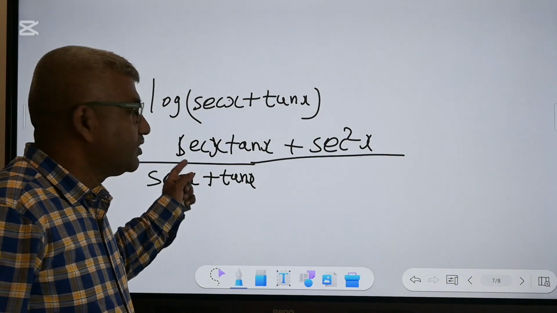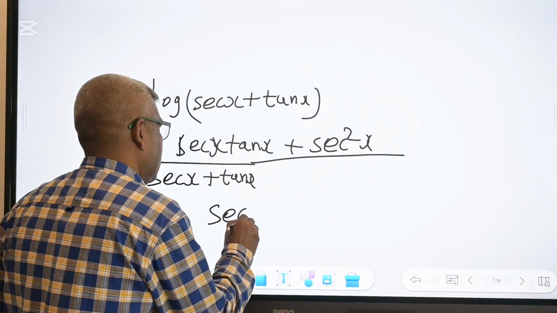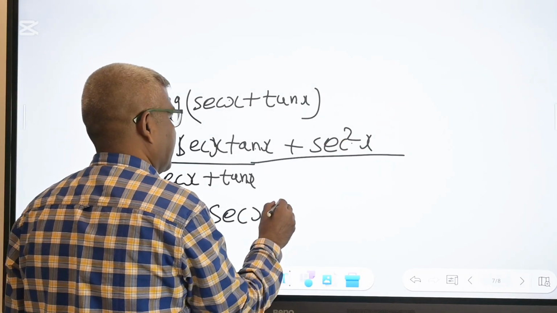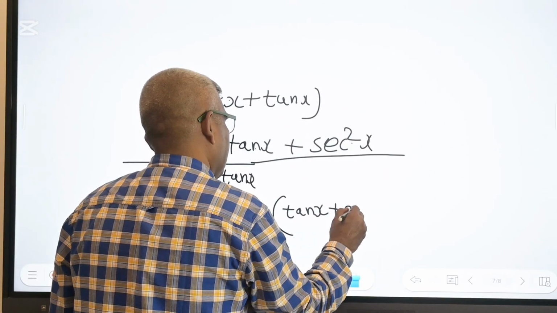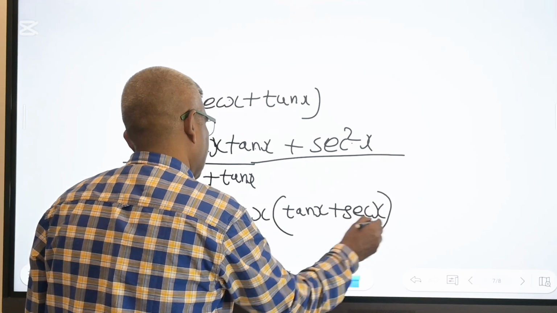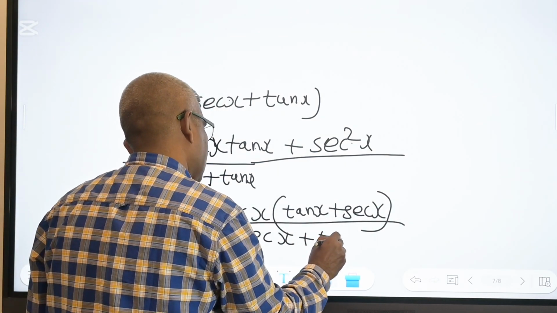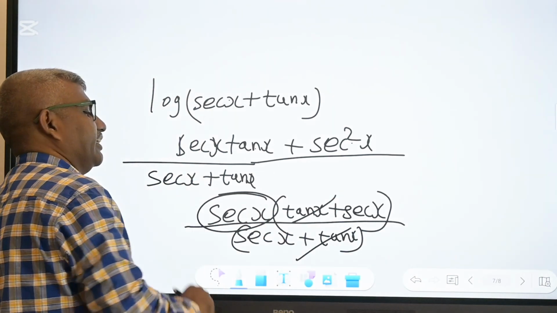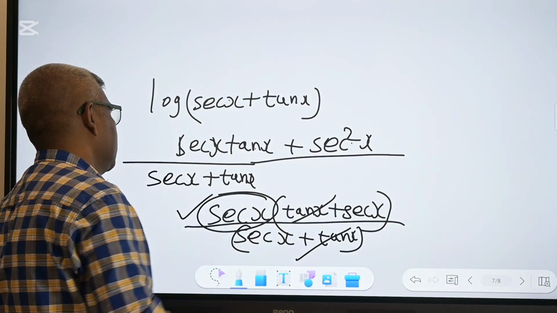Got it? So now take secant x out in the numerator: secant x (tan x plus secant x). So secant x is the final answer. Got it?